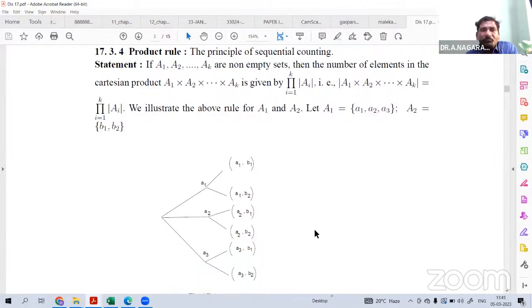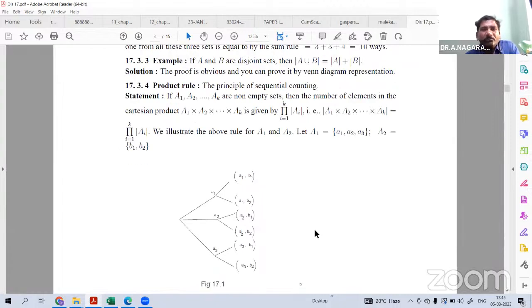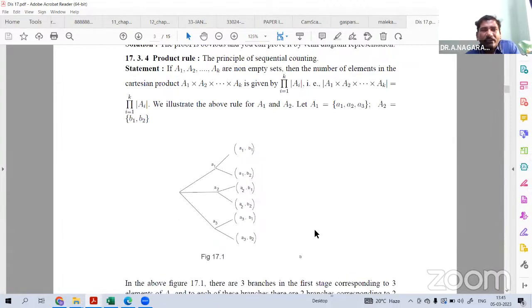The product rule is important. The product rule comes from the principle of sequential counting. If A1, A2, and so on, AK are non-empty sets, then the number of elements in the Cartesian product A1 cross A2 cross and so on cross AK is given by the product for i equal to 1 to K of |Ai|.